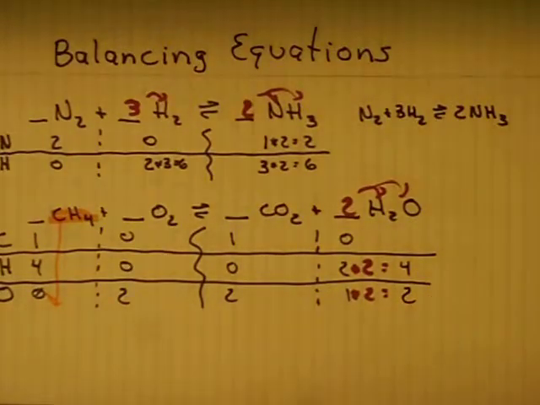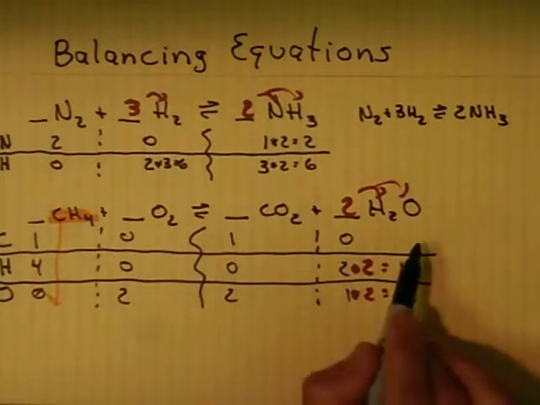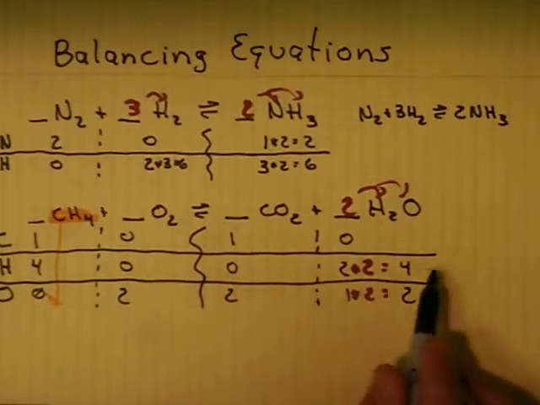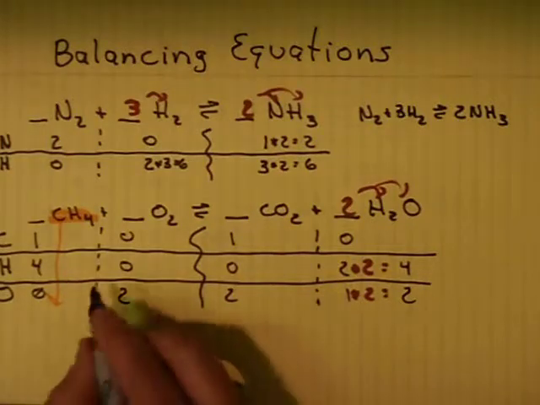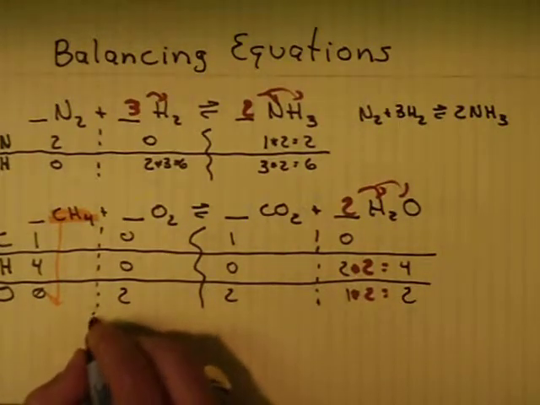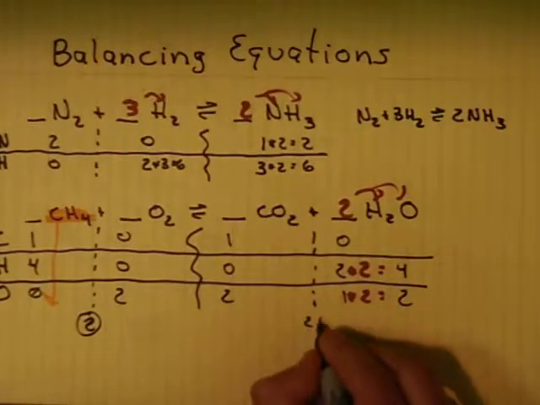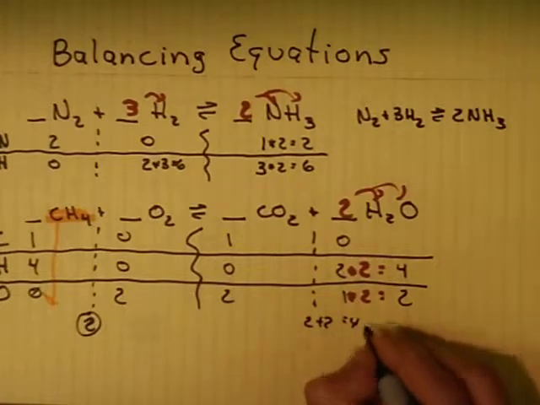So now, for carbon, 1 on the right side, 1 on the left. Hydrogen, 4 on the left, 4 on the right. Finally, for oxygen, we've got 0 plus 2, so that means we've got 2 over here. And on the right side, we've got 2 plus 2, because we add these together. So 4.